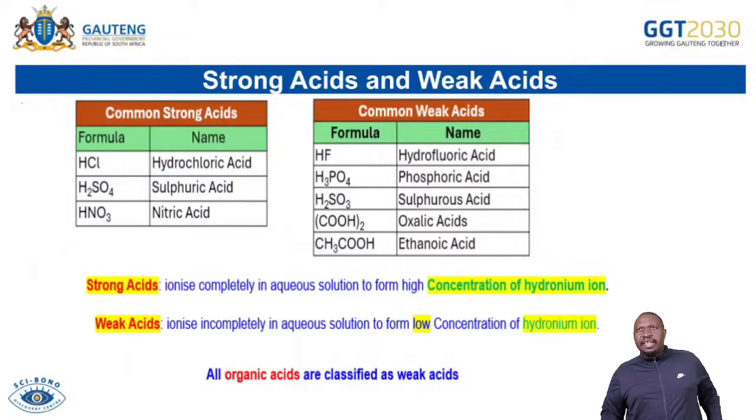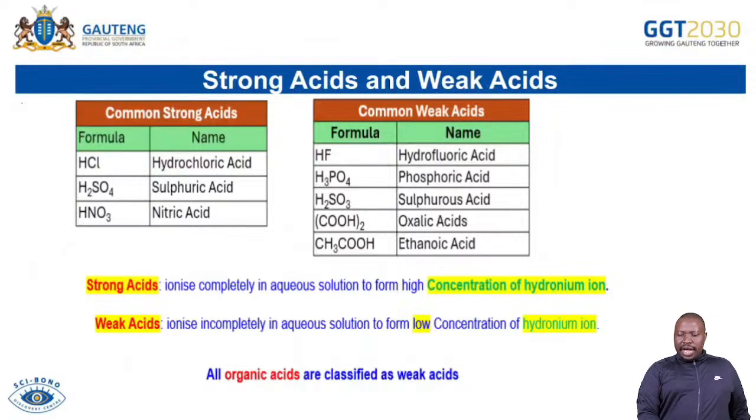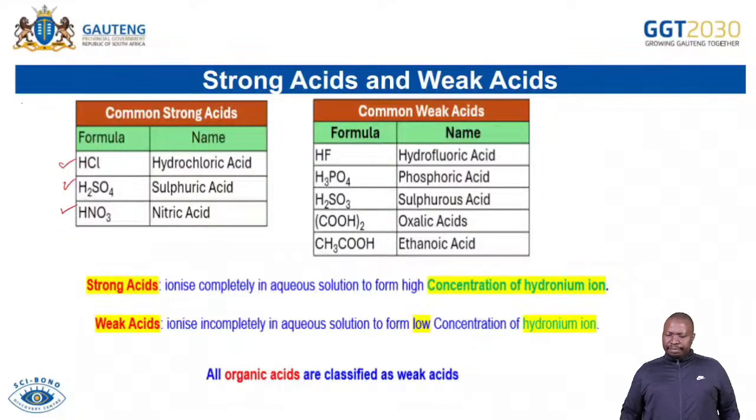So I've indicated there for you the common strong acids: hydrochloric acid, sulfuric acid, and nitric acid. So you must know them. Our common weak acids are hydrofluoric acid, phosphoric acid, sulfurous acid, oxalic acid, and ethanoic acid.